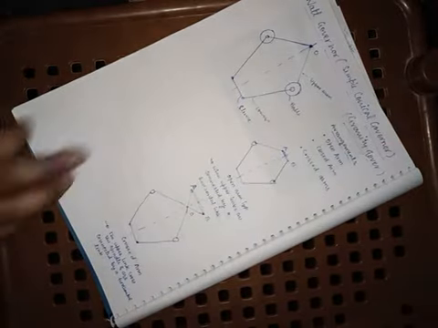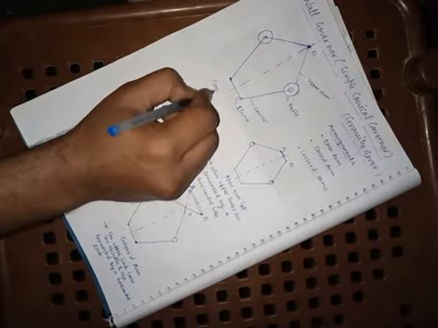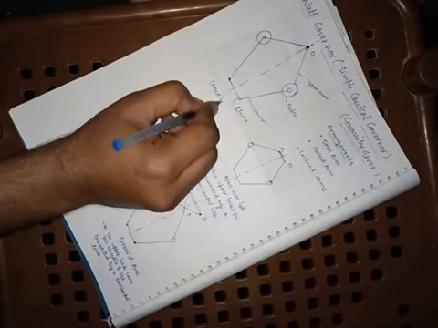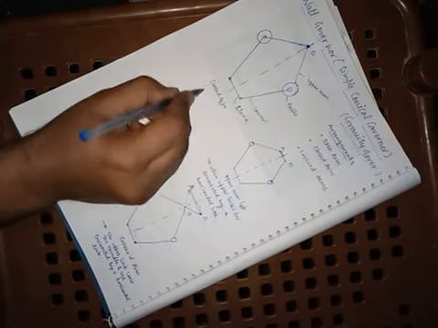So they are the three arrangements. This is open, this is closed type, and this is crossed type.